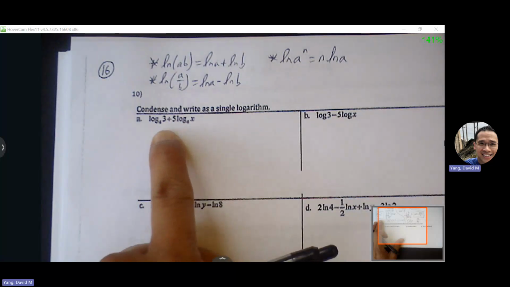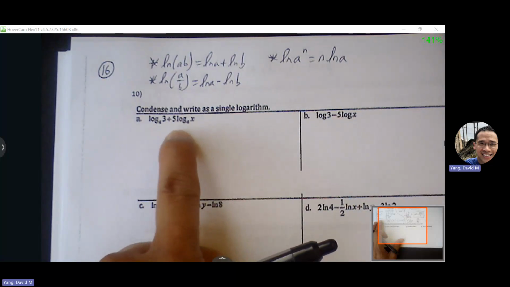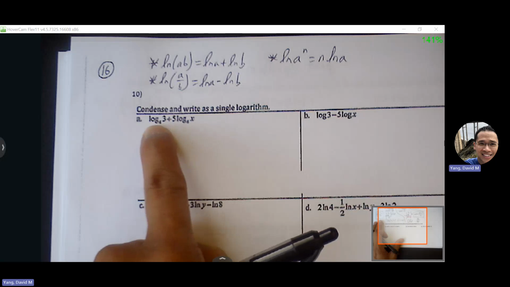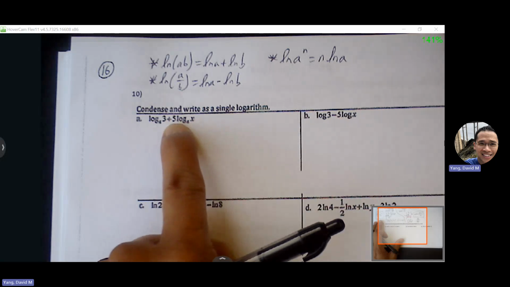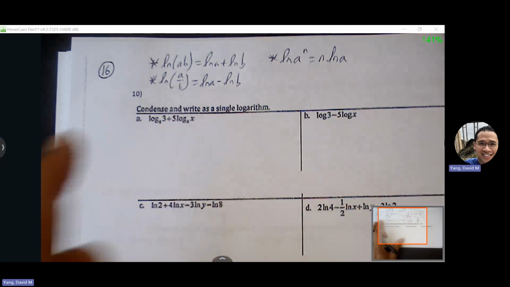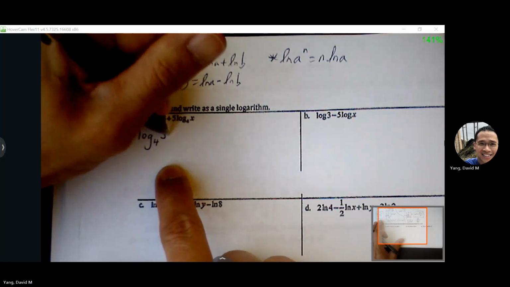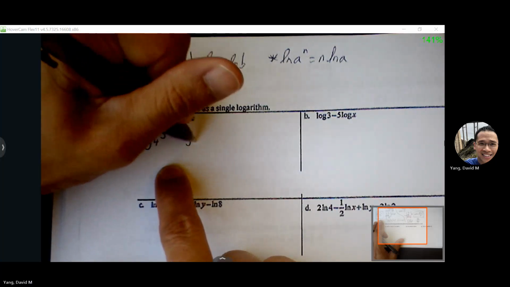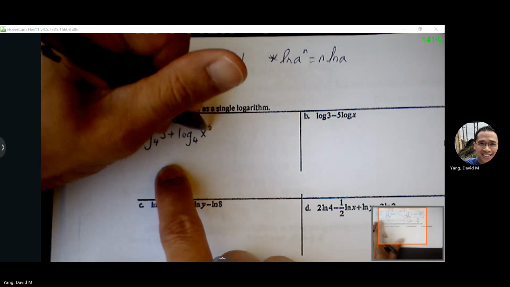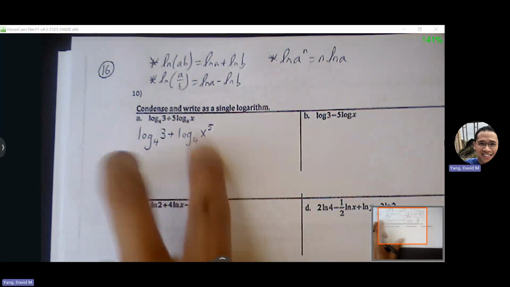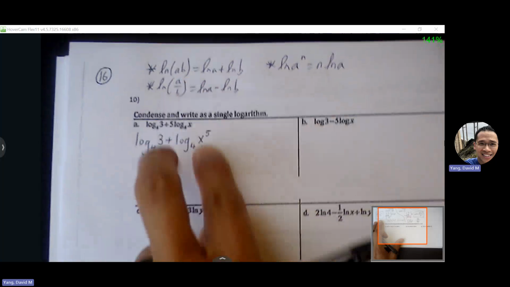So if we want to condense and write as a single log, what we want to do is push all the coefficients up as exponents. So here, log base 4 of 3, we can't do much there, but we can do something with that 5. We can push that 5 up as an exponent. And now we can merge this using product property.